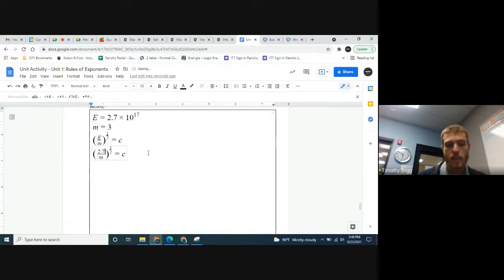So that's 2.7 times 10 to the power of 17 over M. What's our M? 3. Okay, M is 3. We should be able to calculate what the speed of light is by using this.